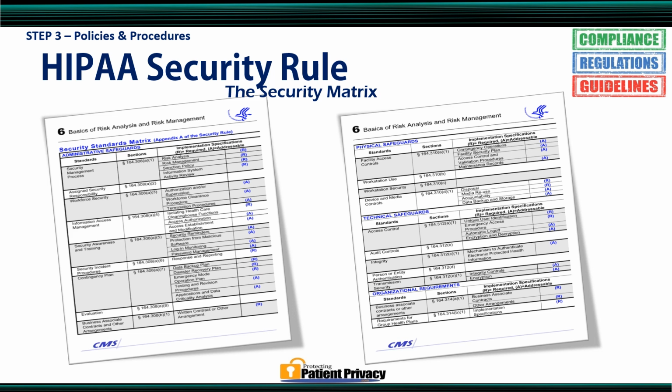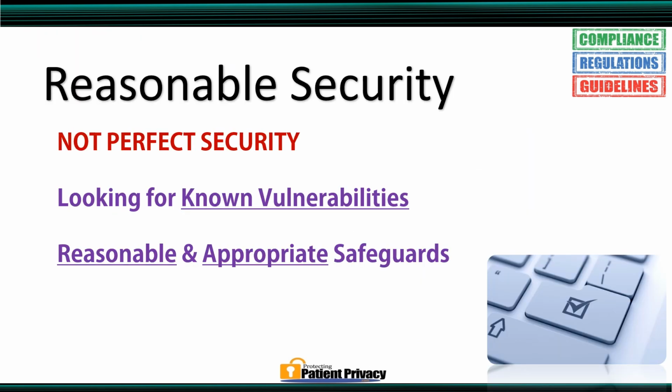So make sure you are aware of the policies and procedures within your organization so that you can comply with HIPAA. Now, HIPAA does not require perfect security. It doesn't exist. However, we must look for known vulnerabilities and apply reasonable and appropriate safeguards. We'll go over these now.